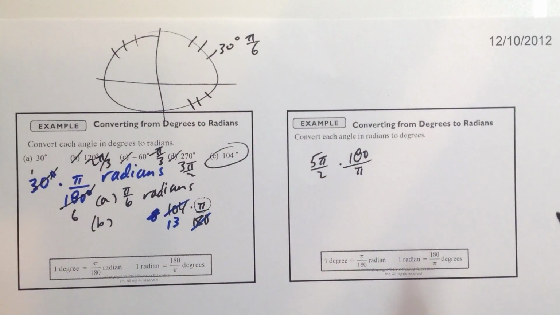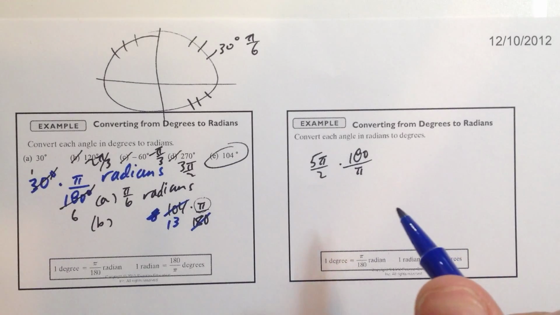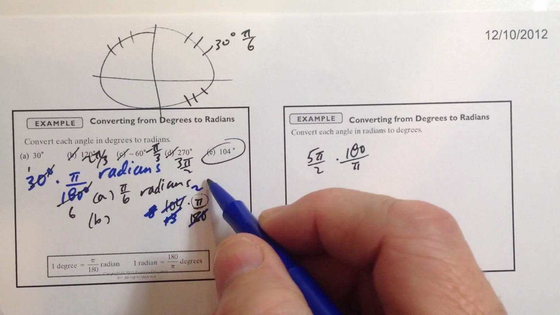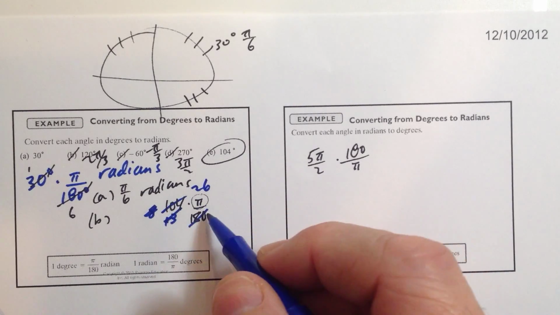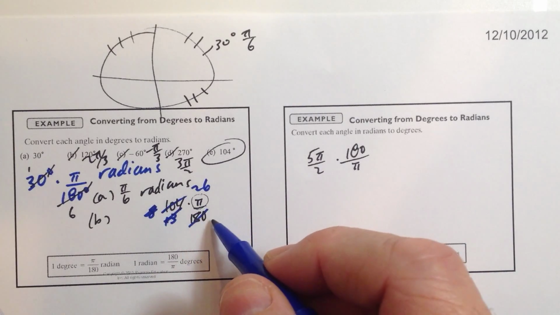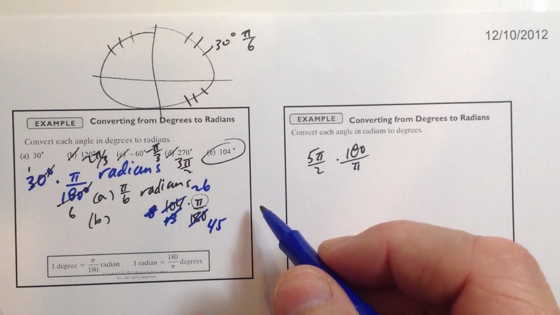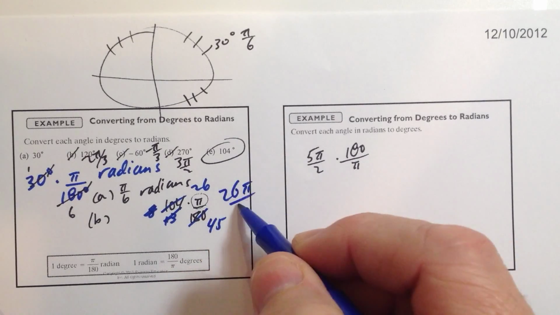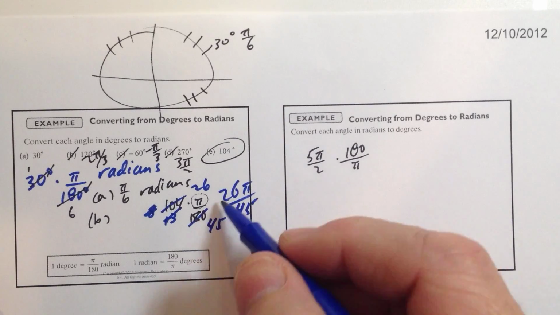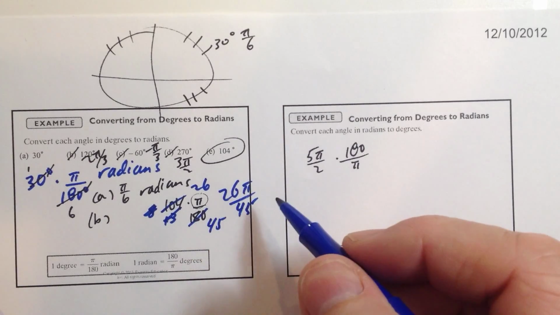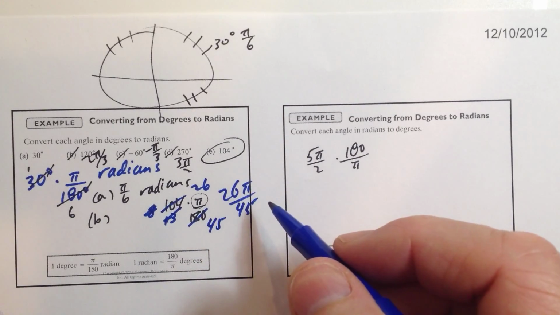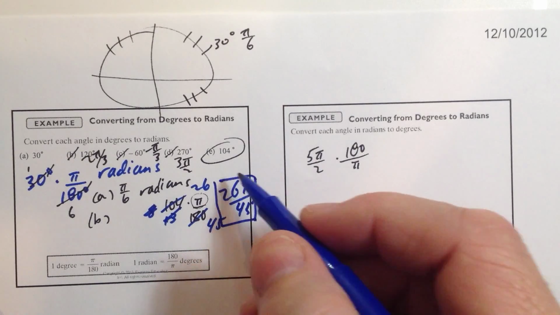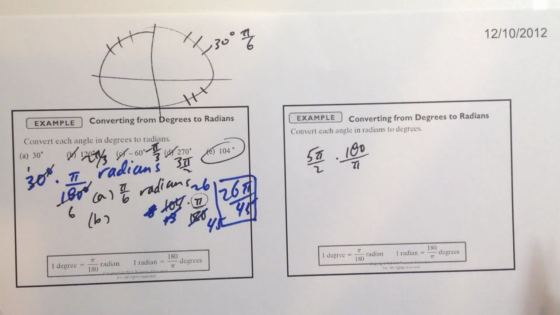I was going to pause it, but I don't have another copy of this, so you can just hear my mistakes. So scratch that. I'm going to go with 4 goes into 104 26 times, and 4 goes into 180 45 times. I guess I should have stopped there. So that's 26 pi over 45. Yeah, 3 doesn't go into 26, and 2 and 22 and 13. Yep, that's it. So 26 pi over 45. Sorry for that mess up there.